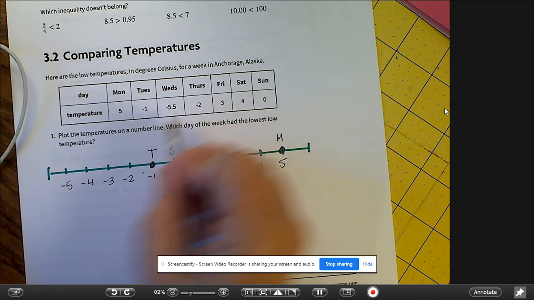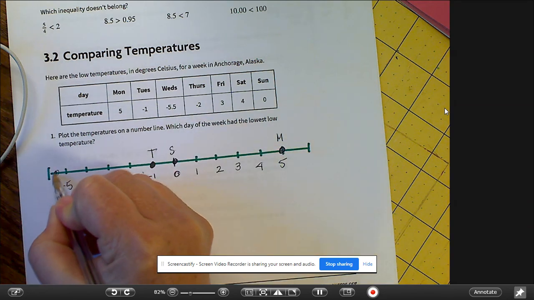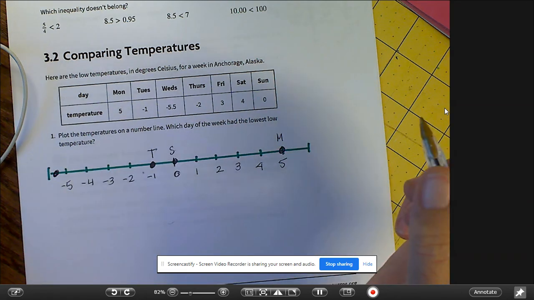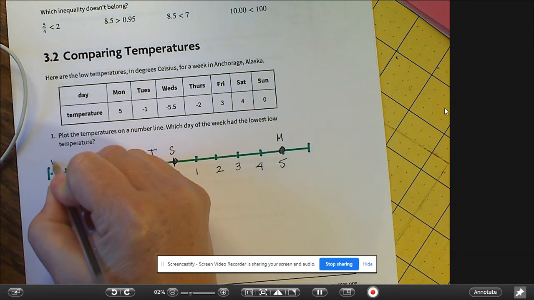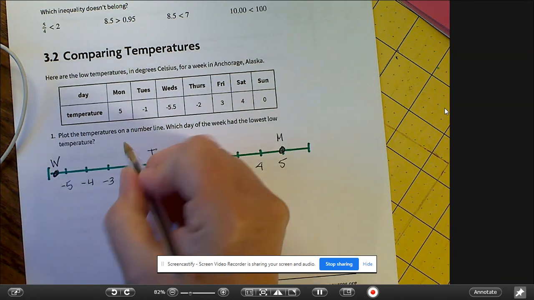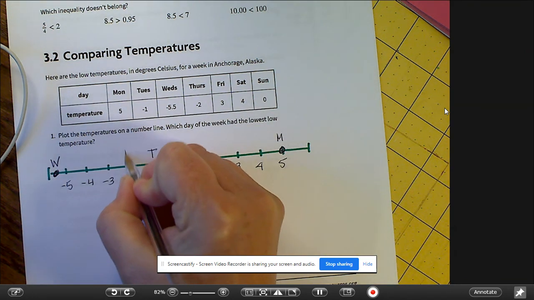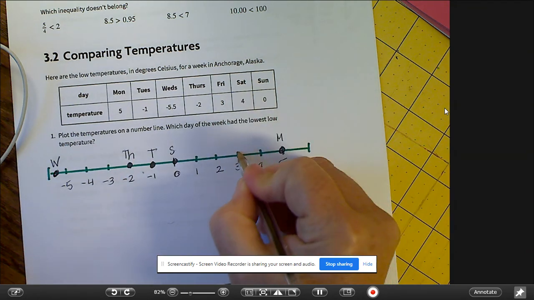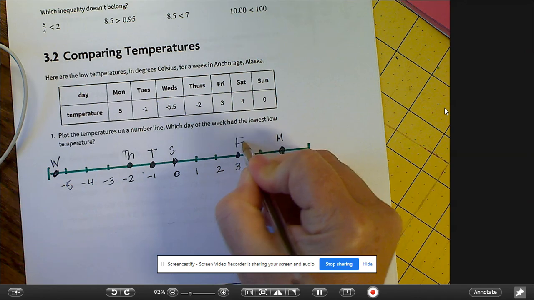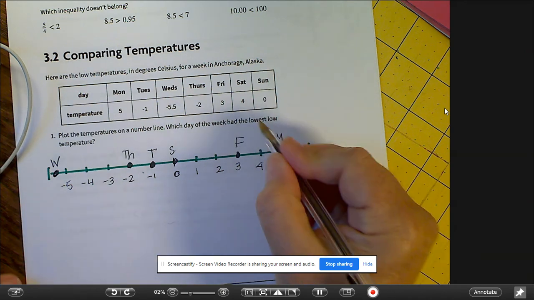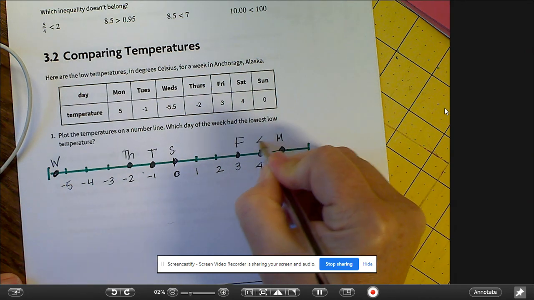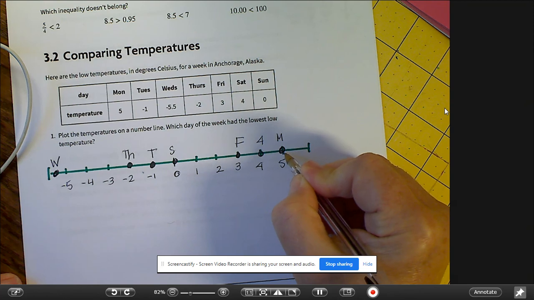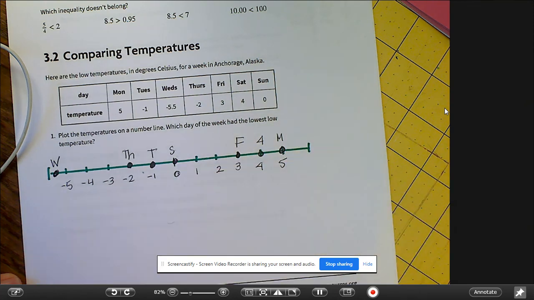Wednesday is -5.5, so that's going to be about there. Thursday, -2. Friday is a +3. Saturday is a +4. And Sunday we said was 0.